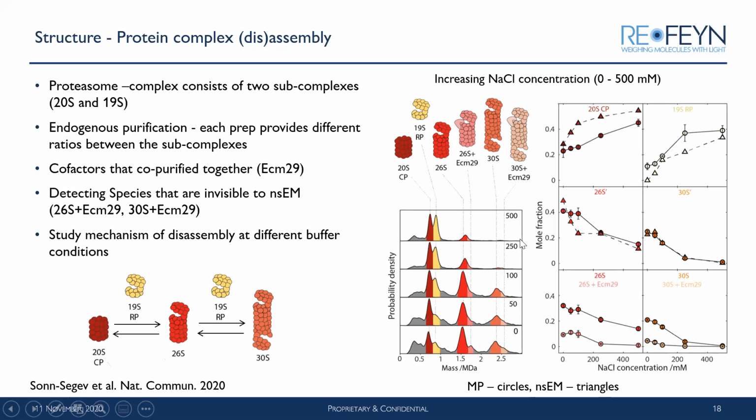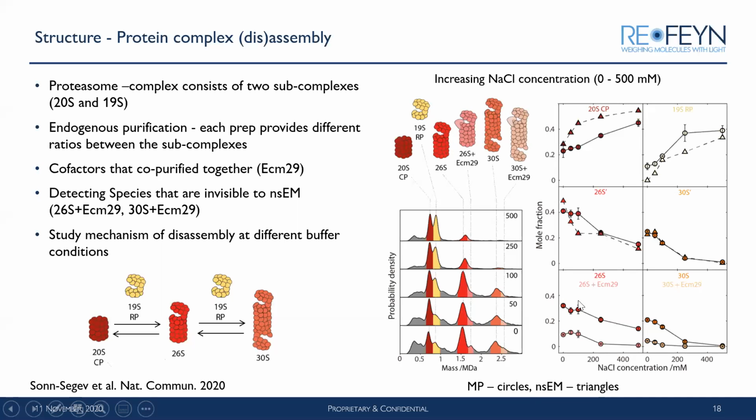And as we add salt, we can observe the disassembly of the complexes, the 30S and then the 26S, together with the cofactors. And you can quantify exactly the relative amounts of each species and study the mechanism of disassembly, including, for example, how it behaves with or without the cofactors.